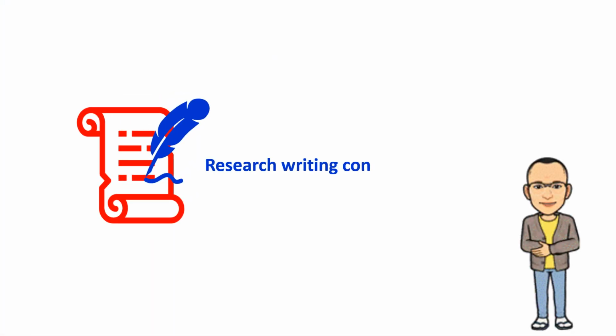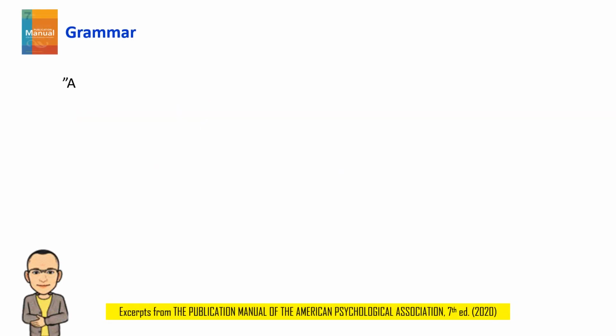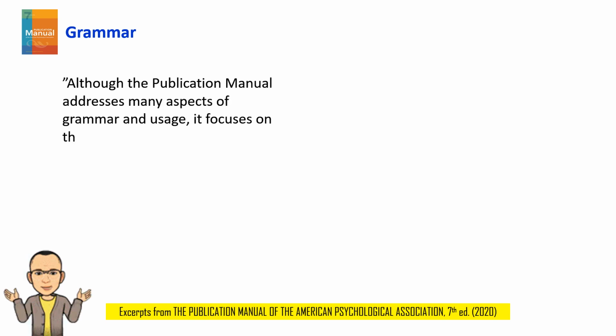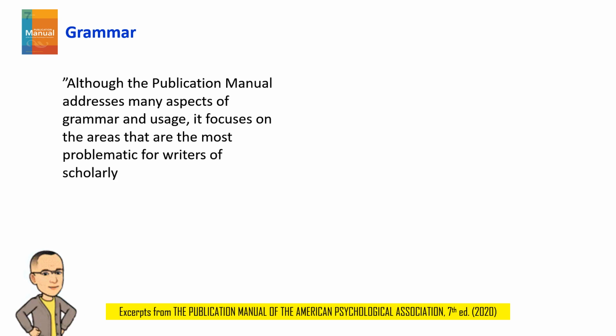Research writing conventions. Although the publication manual addresses many aspects of grammar and usage, it focuses on the areas that are the most problematic for writers of scholarly work, as emphasized in the 7th edition of the Publication Manual of the American Psychological Association, 2020.